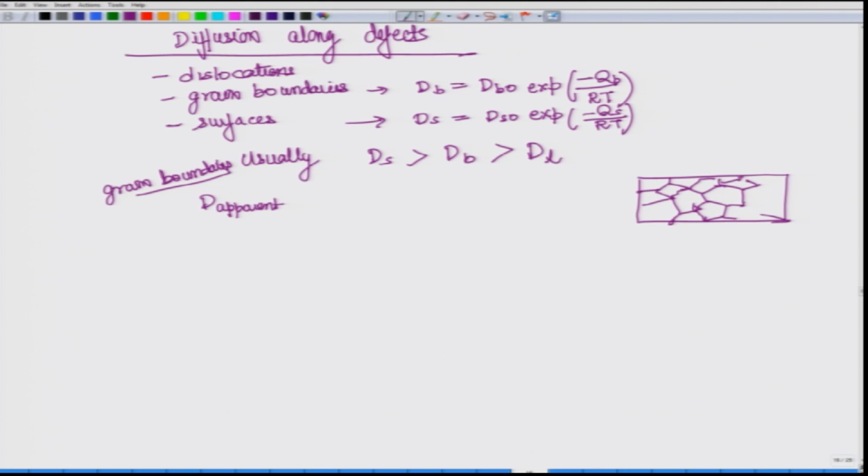I will not draw any more, but let us say we have put in some component here, maybe silver.